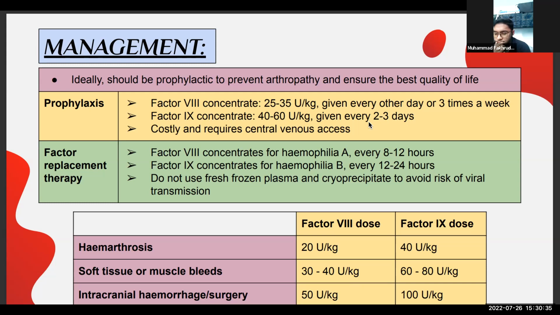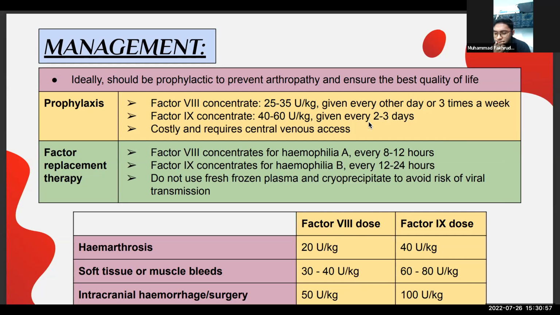We can also give factor 9 concentrate for the patient with hemophilia B, about 50 to 60 unit per kilogram, given every 2 to 3 days.